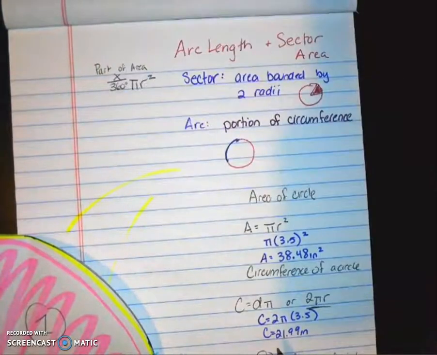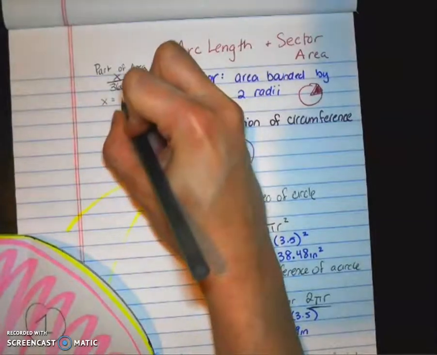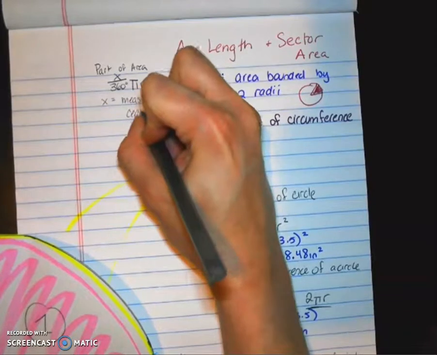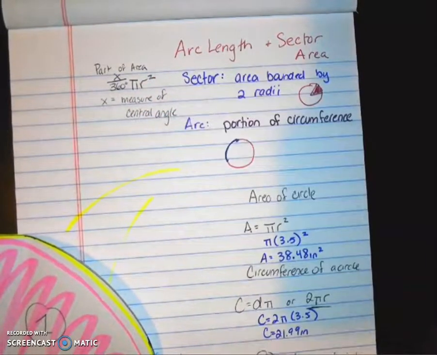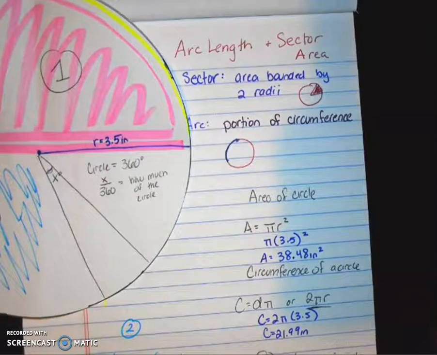It's x over 360. And in this case, we'll just say that x is the measure of that central angle. This is our central angle because the vertex is in the center.